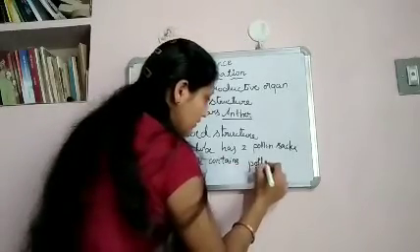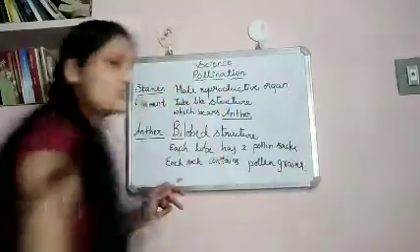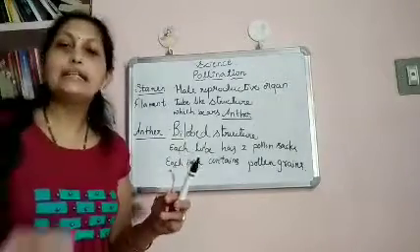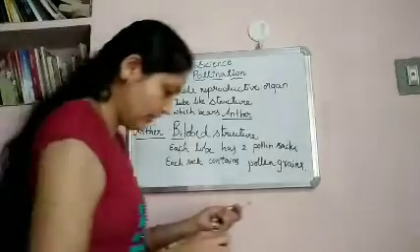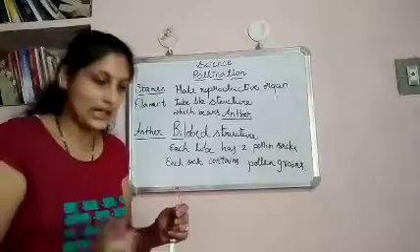Each sac contains pollen grains. So pollen grains are male sex cells or male gametes. So this is the structure of the stamen, the male reproductive organ.